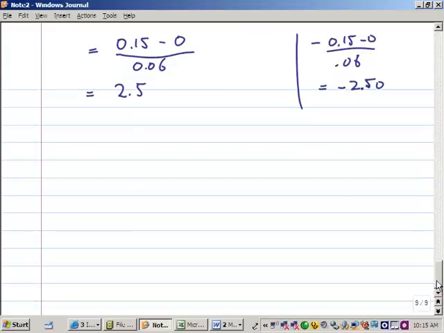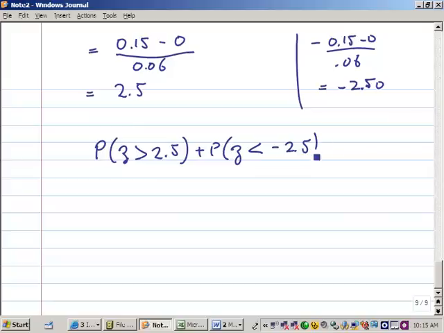So on our z distribution, we want to find the probability of getting a z greater than 2.5, or, remember way back from probability theory, the probability of getting a z less than negative 2.5. Alright, so the or means the addition rule, so we add.